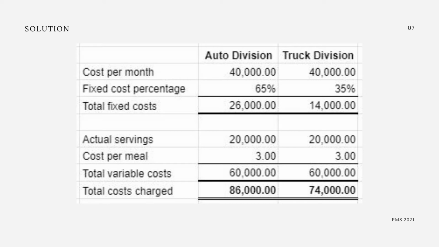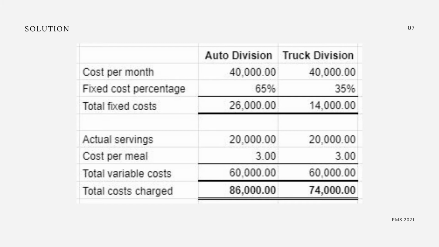The next step is to compute the total variable costs of each division. With an actual serving of 20,000 for both divisions and with the same cost per meal of $3, we can easily compute the total variable cost. So we simply multiply 20,000 by $3, both resulting in $60,000 total variable costs. Now, we add the total fixed cost and total variable cost of both divisions in order to get the total costs charged to each of them.